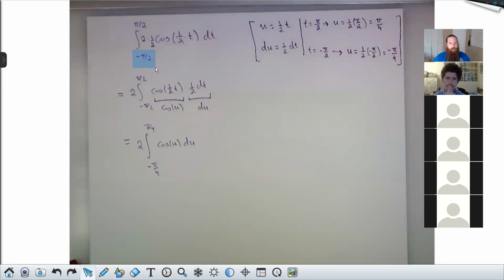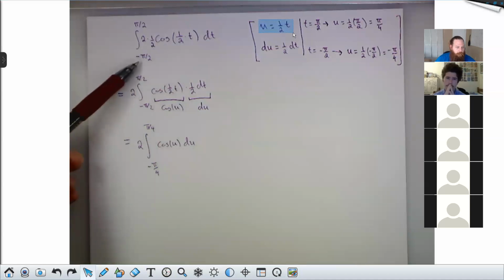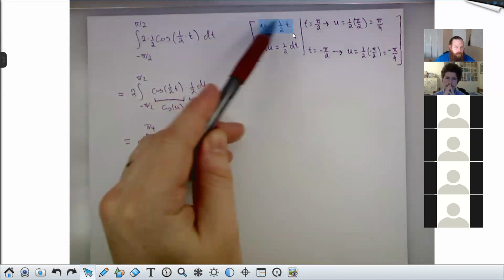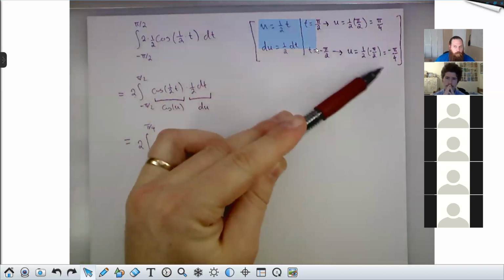So I take the old bounds and I plug them into the substitution. The substitution is u equals 1/2 t. So when I have this -π/2, that's a t value that I'm going to plug into this expression to find my new bound.